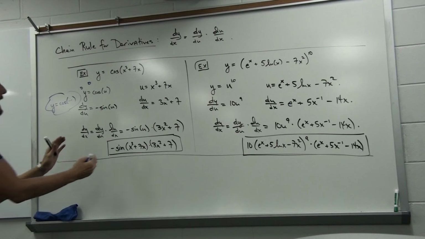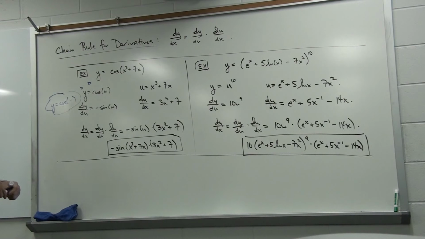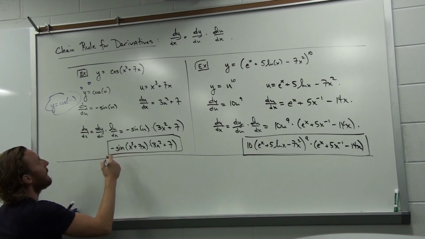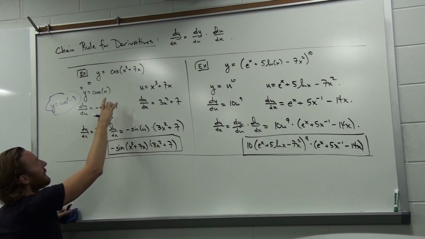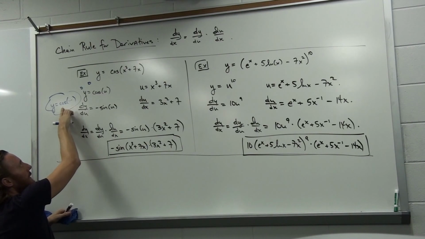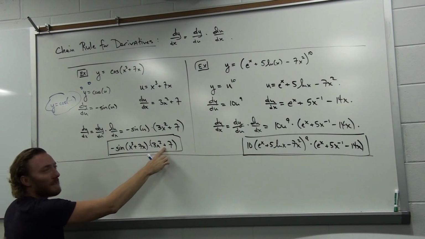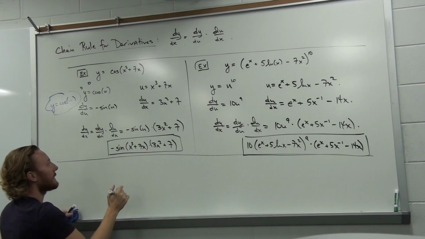But then that's not the entire derivative. The entire derivative also involves this 3x squared plus 7. But what can we say here? We can say that this first part is the derivative of the outer function, leaving the inside function alone. And then this thing that popped up at the end, this 3x squared plus 7, was just the derivative of what's inside.